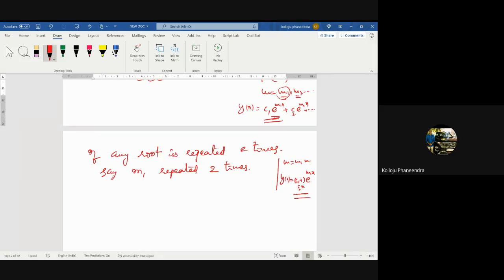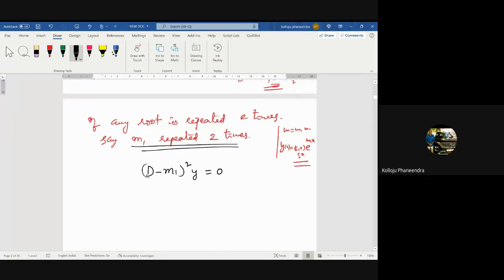The reason behind this is, see, m1 is repeated how many times? 2 times. 2 times means D minus m1 whole square equal to 0, correct? So I can write D minus m1 into D minus m1 into y equal to 0.